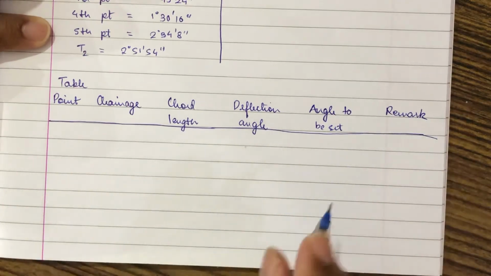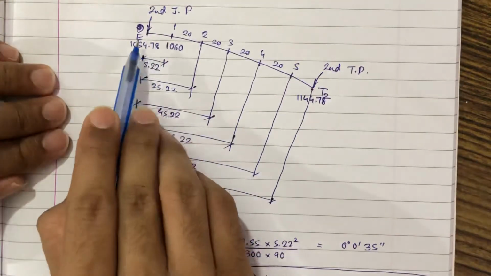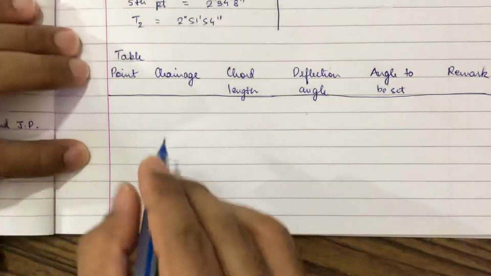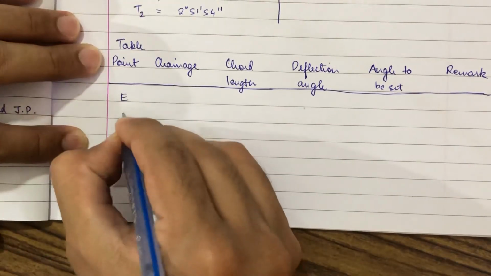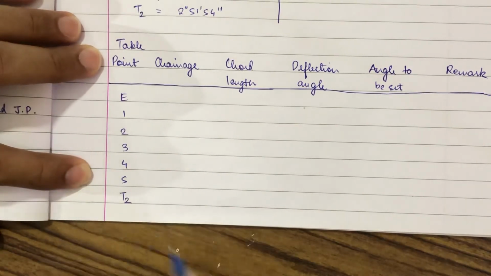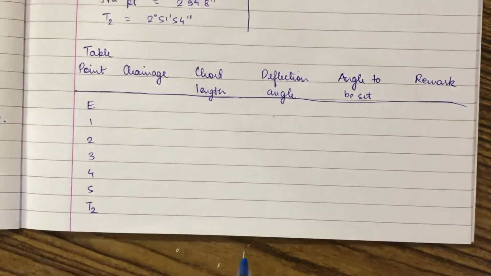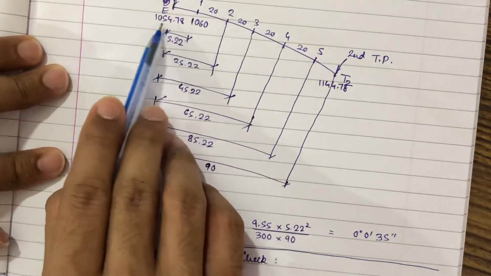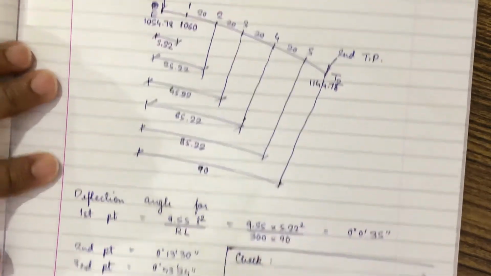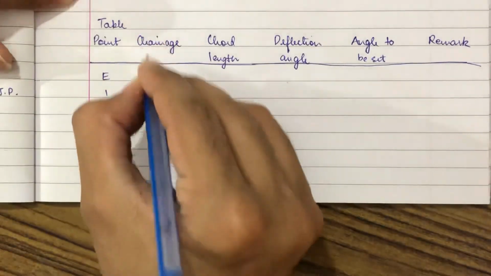The points we have taken are E, 1, 2, 3, 4, 5 and T2, so we write the points E, 1, 2, 3, 4, 5, T2. Now chain edges. Chain edge of E is 1054.78 and chain edge of T2 is 1144.78.